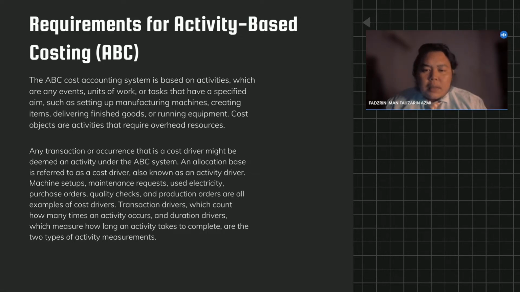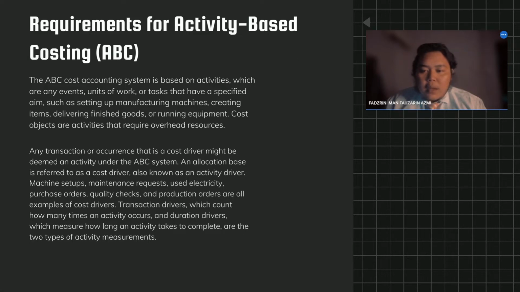Any transaction or occurrence that is a cost driver might be deemed an activity under the ABC system. An allocation base is referred to as a cost driver, also known as an activity driver. Machine setup, maintenance requests, electricity use, purchase orders, quality checks, and production orders are all examples of cost drivers.